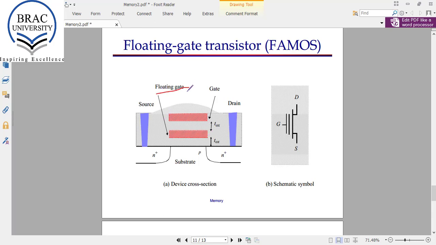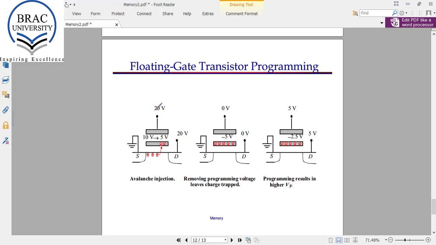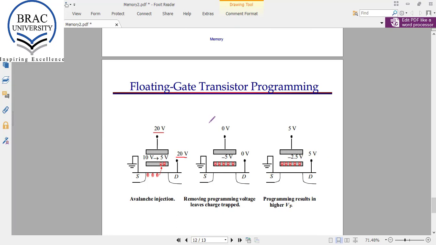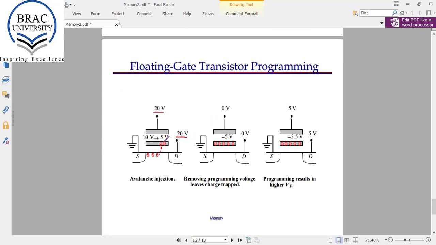So what happens, if we put a high voltage at the gate and drain, the current will flow, but as the thickness of this T-ox here is very low, some electrons just jump to this metal floating gate and remain there. So what is the effect?